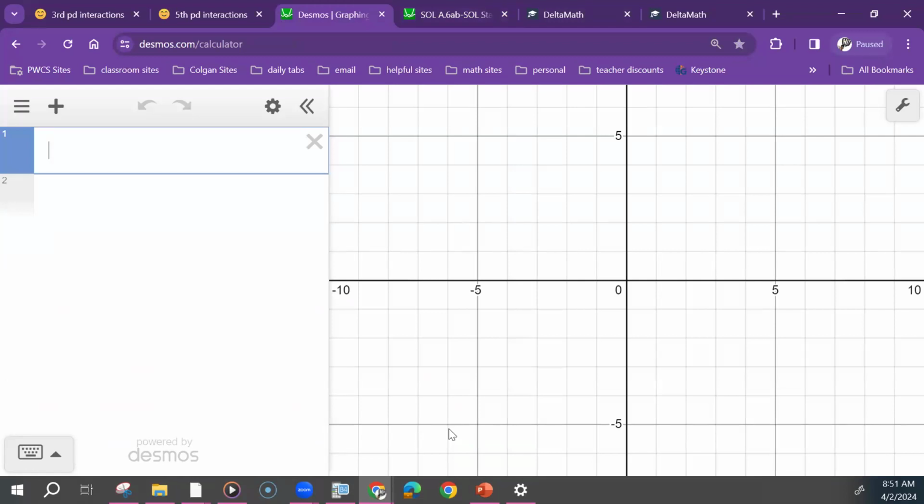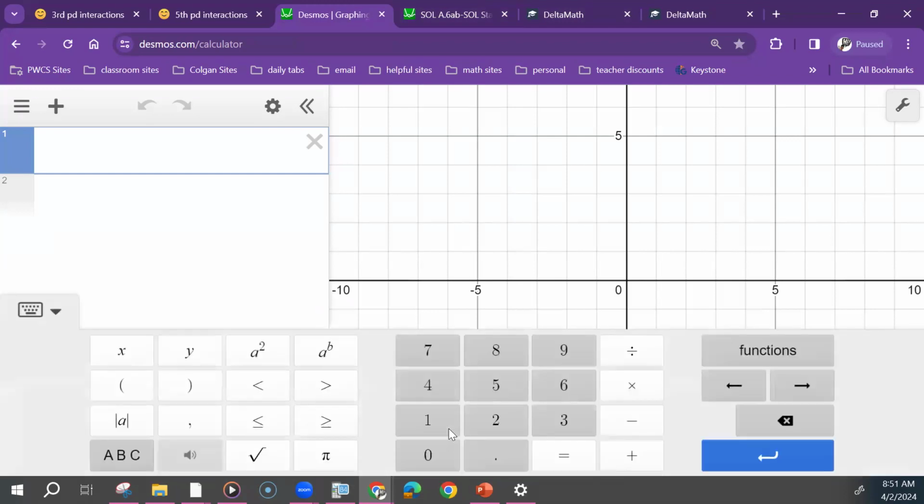For number one, if we have to find the slope through these points, if I type in these two ordered pairs... I think I forgot to open up the cart, so that you guys can use Desmos.